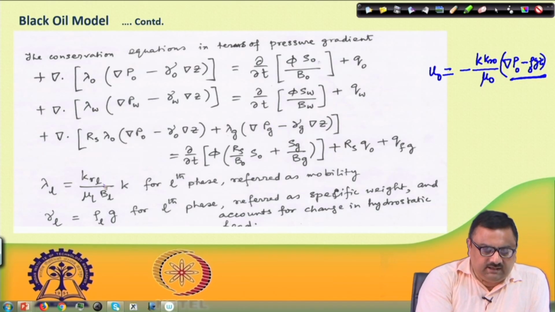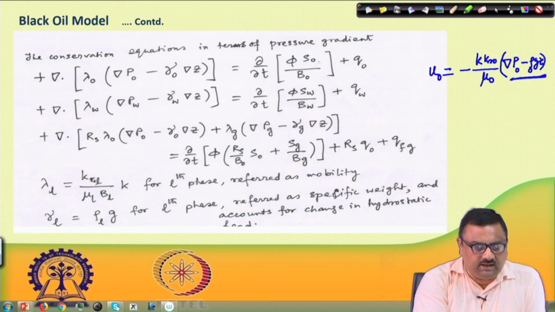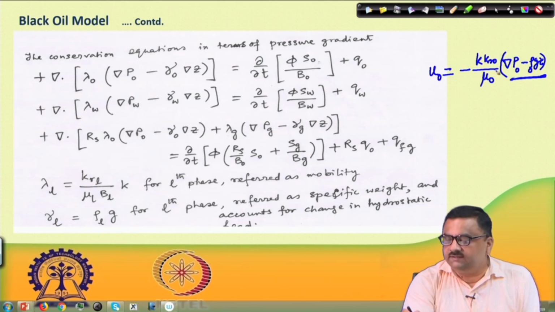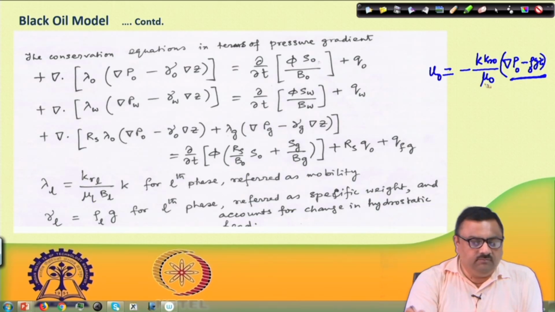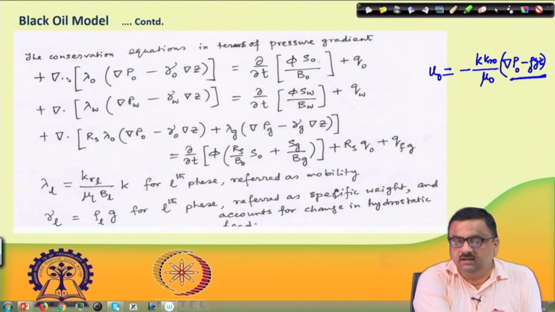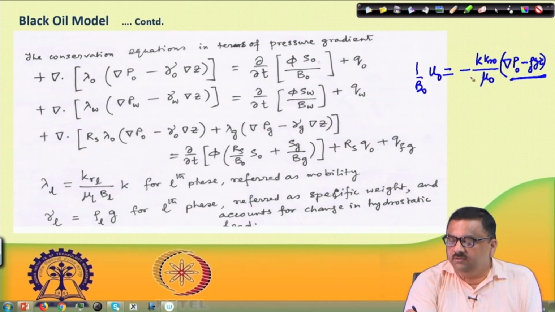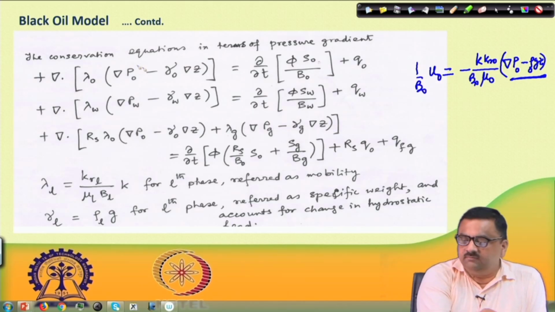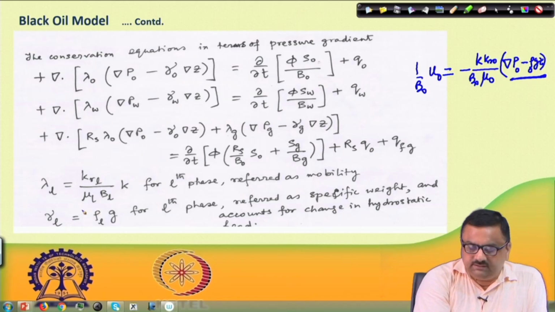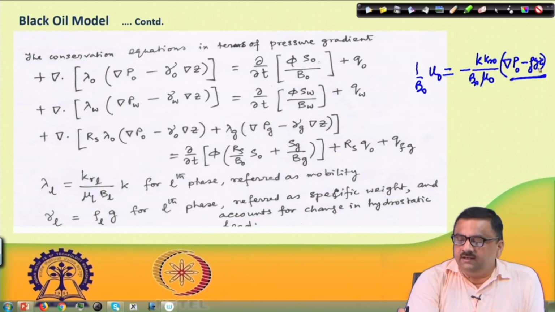Lambda l is K Krl by mu l Bl, that is K Kro by mu o Bo. That is exactly we have K Kro by mu o, and Bo was originally there anyway, it was basically 1 by Bo into uo. So, here also 1 by Bo would be there, this term. So, then this is true for the lth phase. So, for oil phase this would be true, and there could be additional terms.